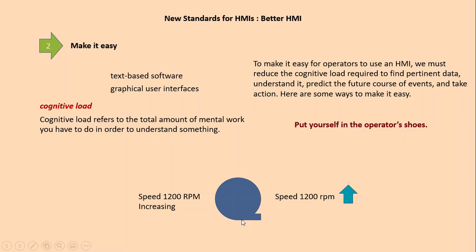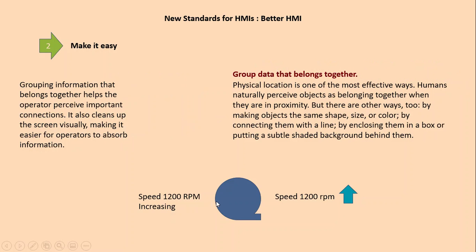On the bottom you see a pump speed is increasing. To display that information, on the right side if you put a small arrow, that's visibly easier to understand, compared to the left side that's showing it by text. Grouping data together is also important.